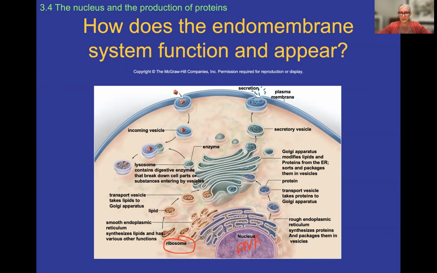So for instance here, there we go. Rough ER, which means the structure that is the membrane freeway with all these little yellow ribosomes, synthesizes the protein. Now it's going to ship it into these vesicles. Those vesicles join up with another structure called the Golgi apparatus.